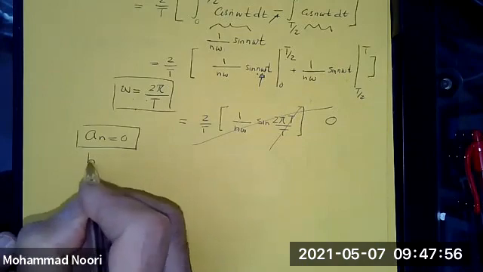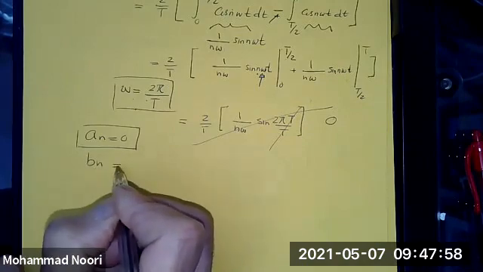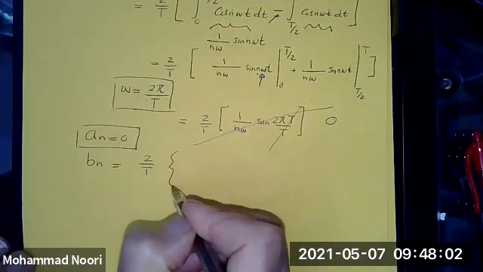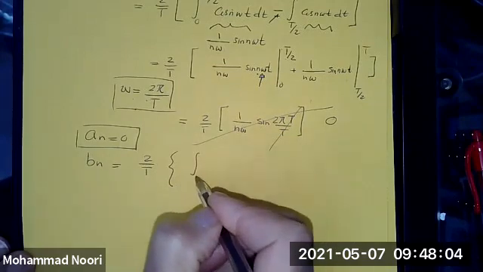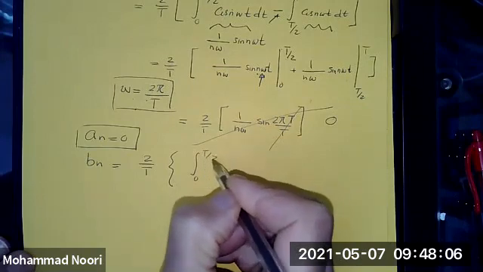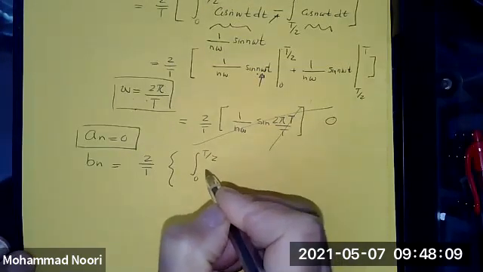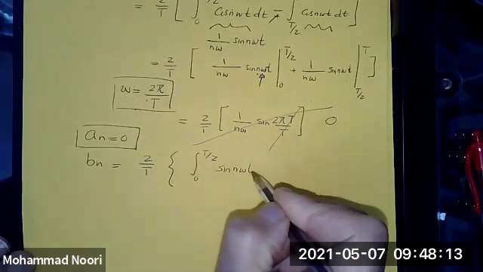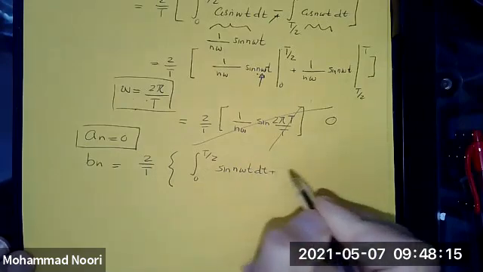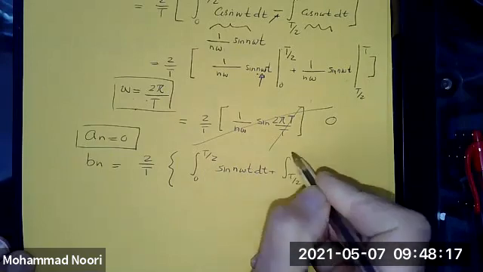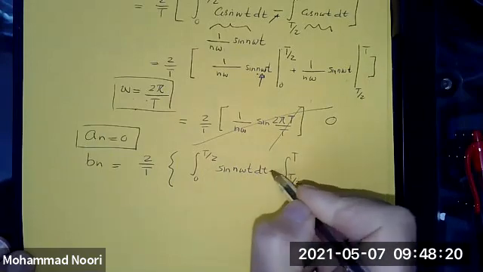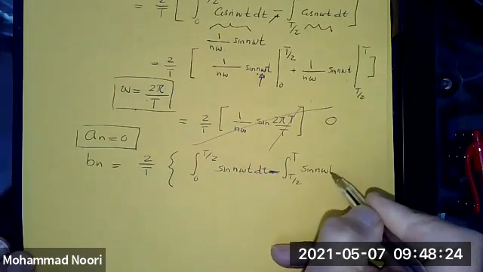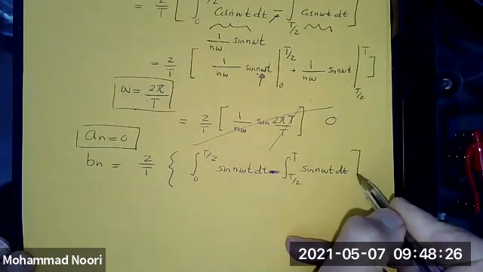Let's do B sub n, which is 2 over T of, again, a similar integral, 0 to T half of f of t times sine n omega t dt, plus the integral from T half to T, where the function is -1, so the negative comes out, sine n omega t dt.